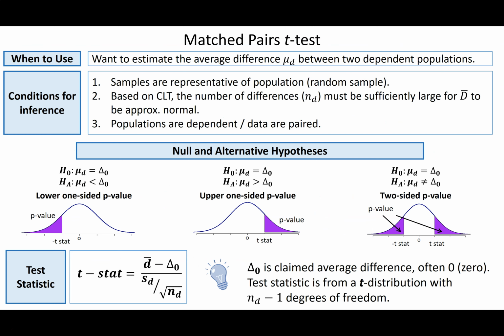Now that we've done the confidence interval, we're going to do the hypothesis test version. Before, we wanted to estimate; now we want to test the average difference, mu d, between two dependent populations. We want to know that the samples are representative of the population, so we took a random sample.